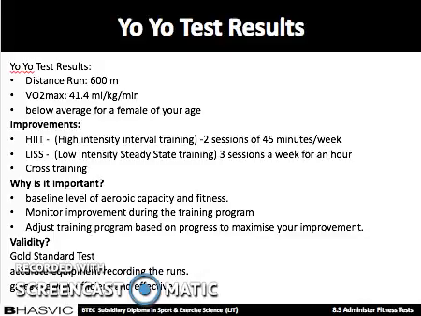Due to it being less intense, we will be looking to do this more often, 3 sessions a week for about an hour. Cross training is another way that we can aim to improve your aerobic capacity.